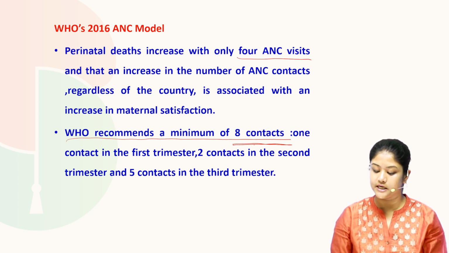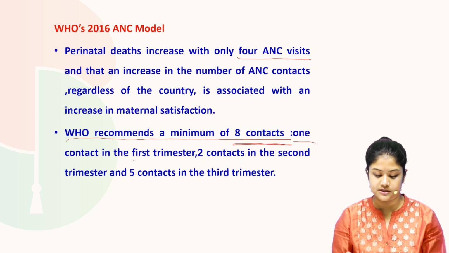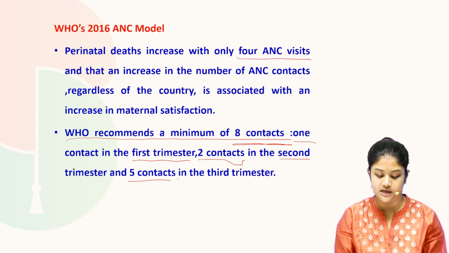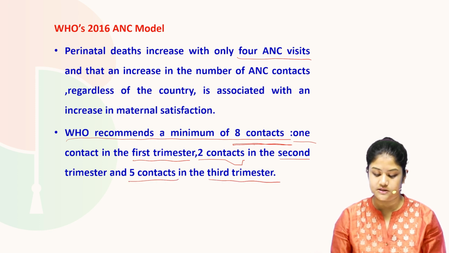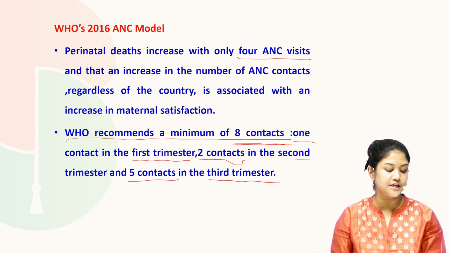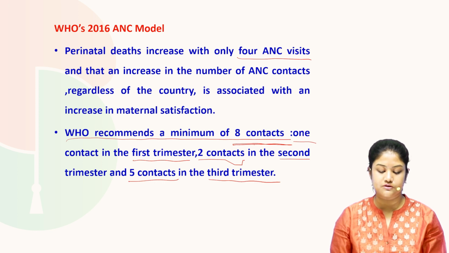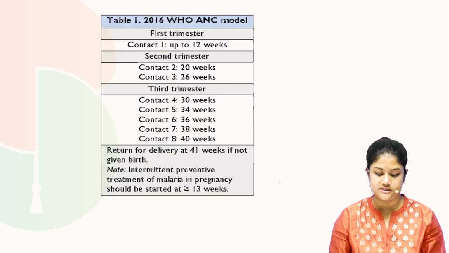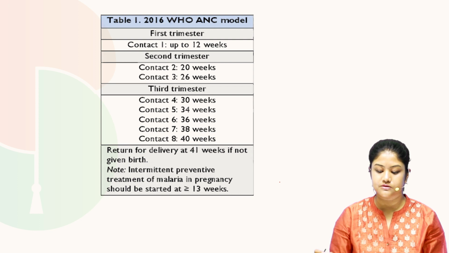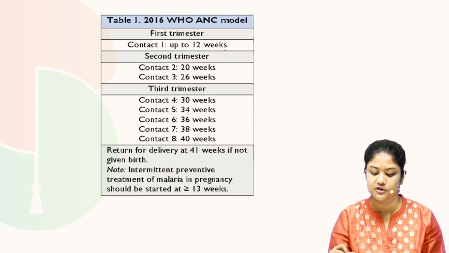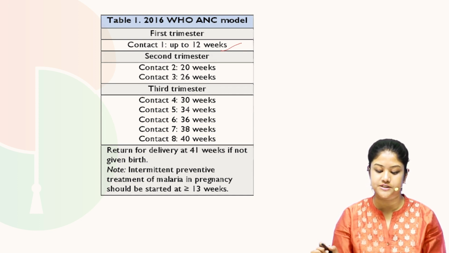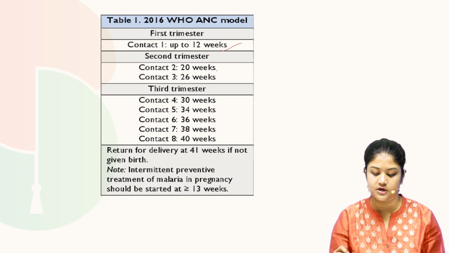It has recommended 8 contacts, that is 1 in the first trimester, 2 contacts in the second trimester, and 5 contacts in the third trimester, making it a total of 8 contacts. So when do we do these 8 contacts? In the first trimester we do the first contact up to 12 weeks, we should be having 1 ANC visit. In the second trimester, 2 contacts, that is at 20 and 26 weeks.